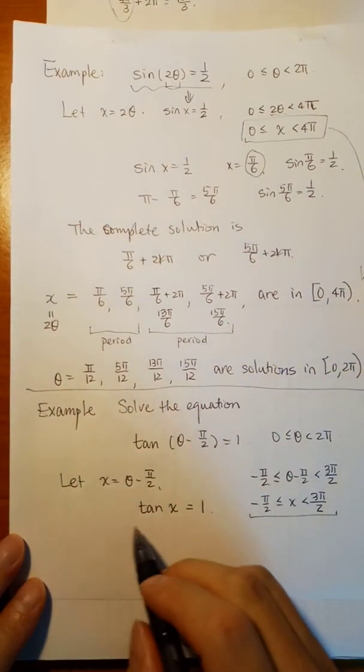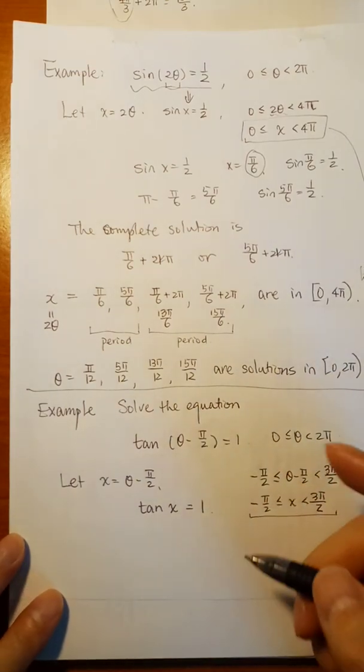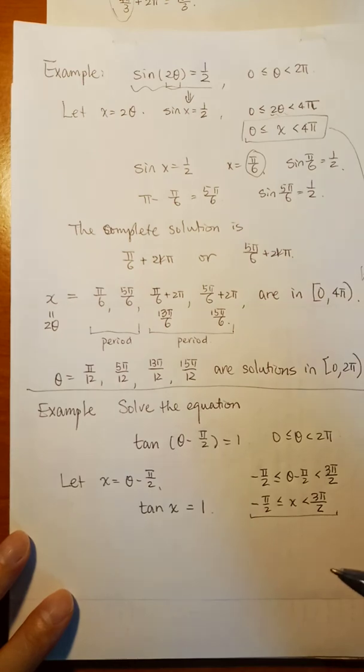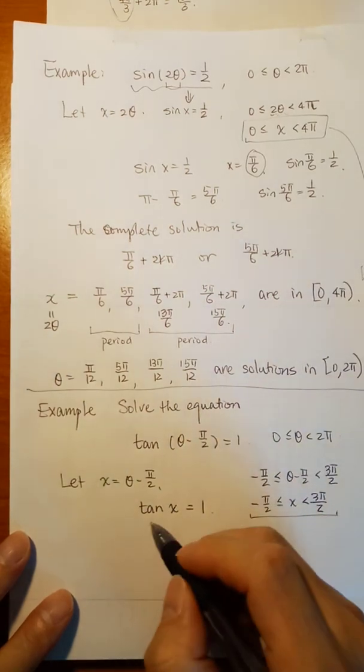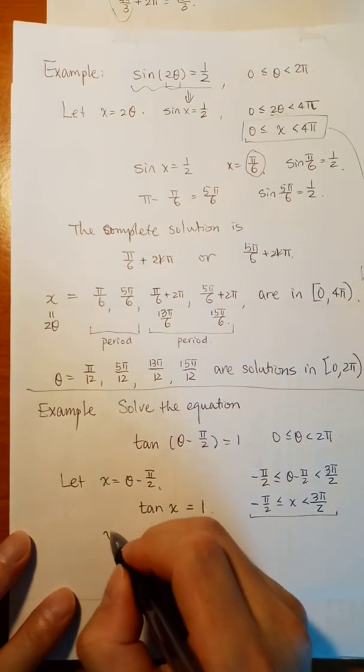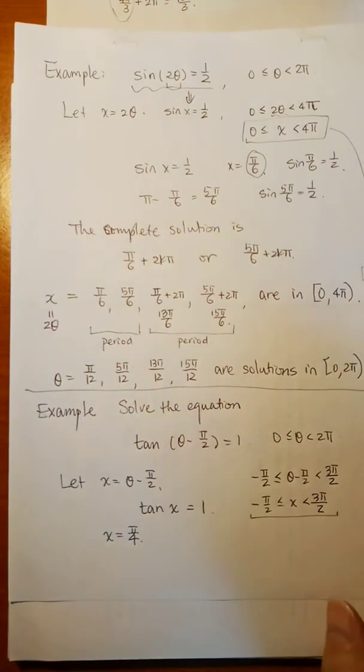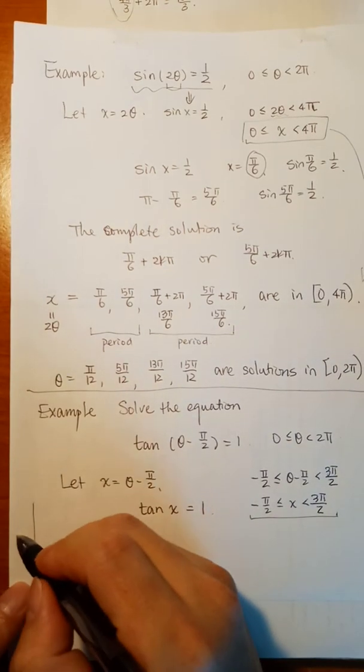Okay, and then let's see, tangent has period pi. Remember, tangent theta has period pi. Tangent x is 1, then x is pi over 4. That's it. In 1 period, there's only 1 solution. Remember that?